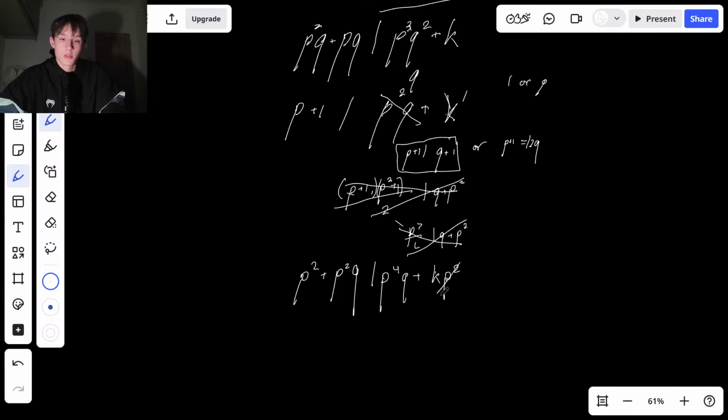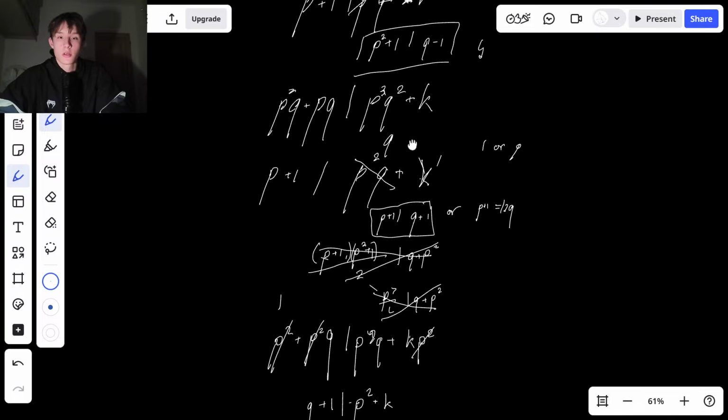Just cancel the p squared out to here. Cancel this, cancel this. So you get q plus 1 divides p squared q. So it's just minus p squared plus k. Okay, and now I think we get what we want.